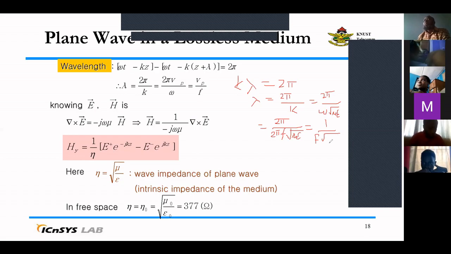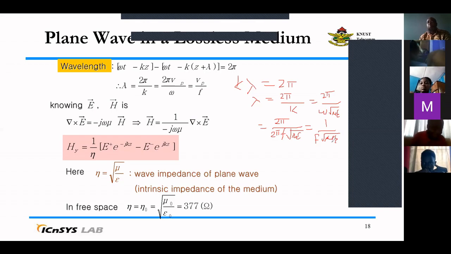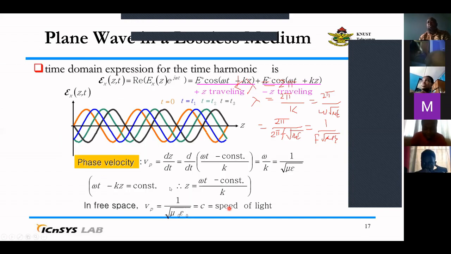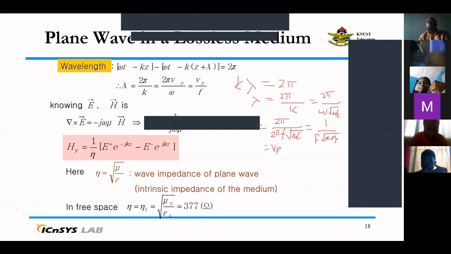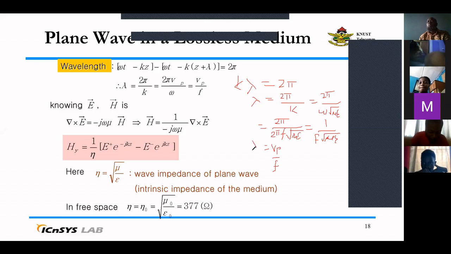Now in free space, what is 1 over square root of mu epsilon? We said it's the speed of light, isn't it? 1 over square root of mu naught epsilon naught is c, which is the speed of light, or the phase velocity. So this is actually v. 1 over square root of mu epsilon is v, and therefore we can write that this is the same thing as vp divided by f, equals lambda.